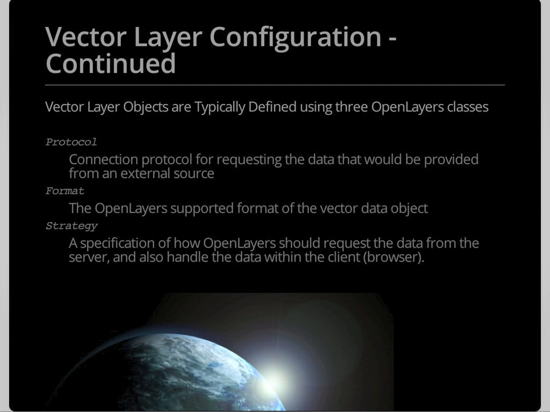Also, as a second set of strategies, you can define how OpenLayers handles the data within the client, whether it might cluster some of those data in terms of visualization. And you can apply one or more strategies as a part of the definition of a vector layer object.